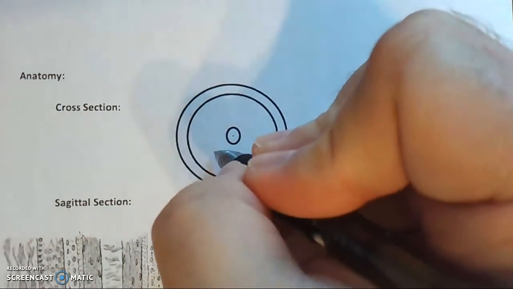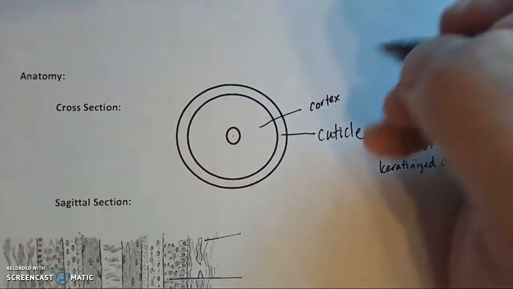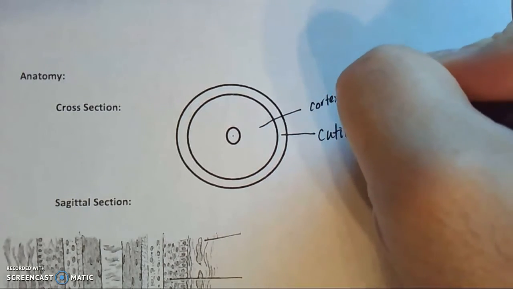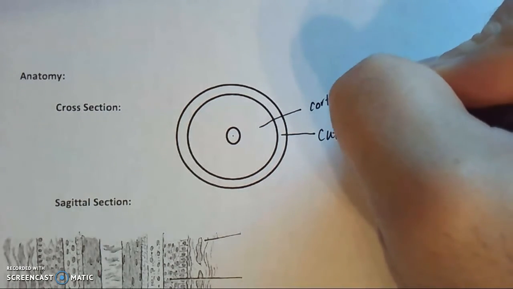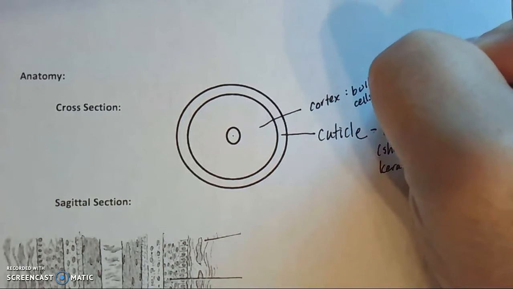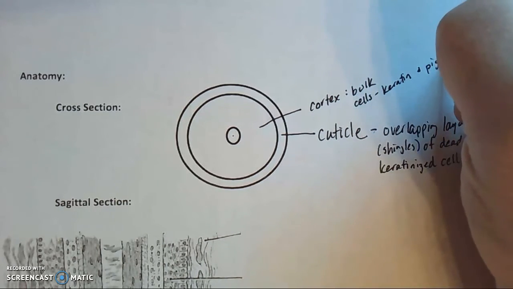The bulk of the hair is called the cortex. So this is the bulk. And in here we have cells that contain keratin and pigment.